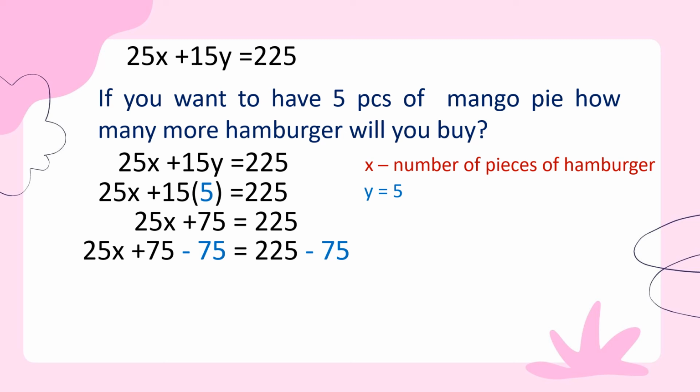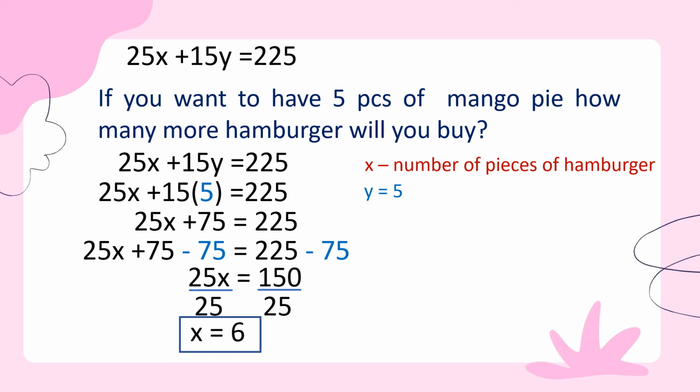And if we simplify this further, 25x is equal to 150. And solving for x now, we divide both sides of the equation by 25, so the value of x is equal to 6.